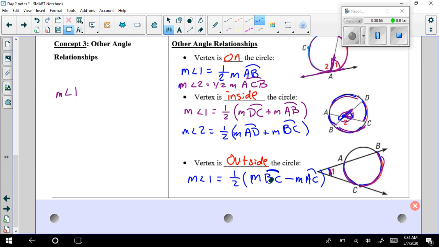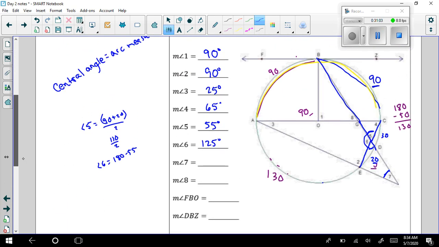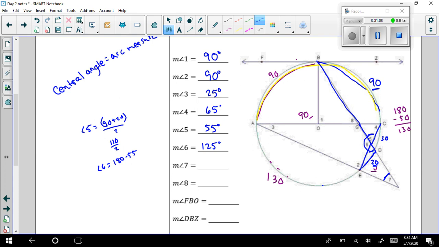If an angle's outside, we're subtracting those arcs, and then we're taking half of that. And so angle 7, we have our 20, and we have a 90. So the measure of angle 7 is equal to 1/2 of 90 minus 20. So half of 70 is 35 degrees.